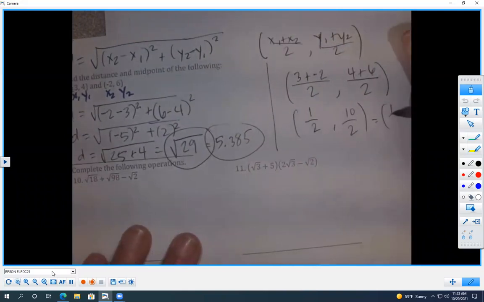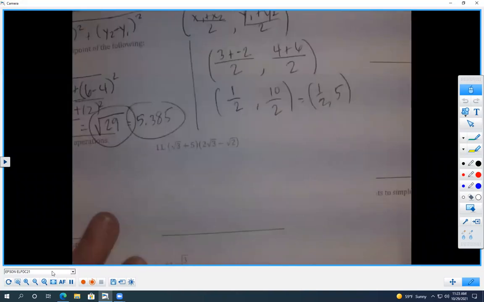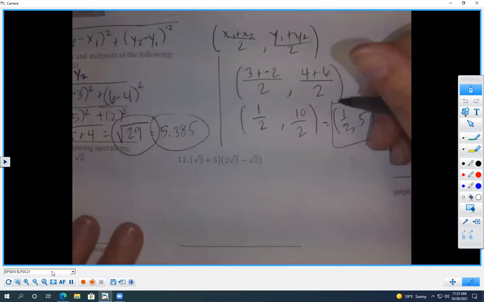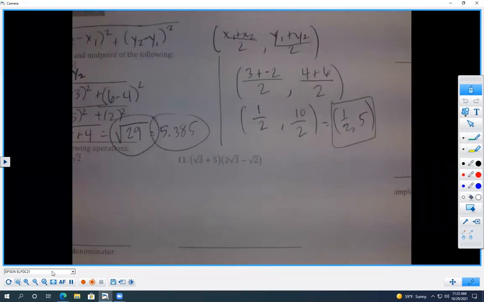And that can reduce to 1/2 and 5. Questions about distance formula or midpoint formula?